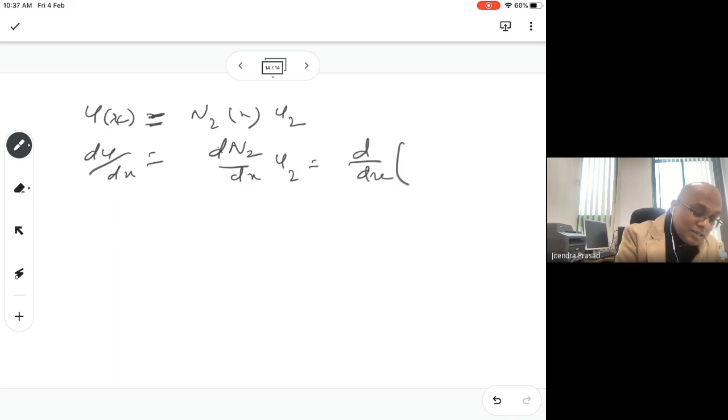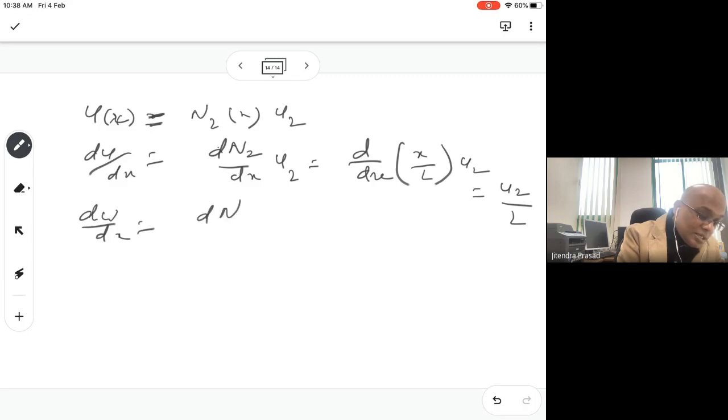You know N2 is nothing but x over L, so you get U2 over L. Then you have dw over dx equal to dN2 over dx times W2, and similarly you get W2 over L.